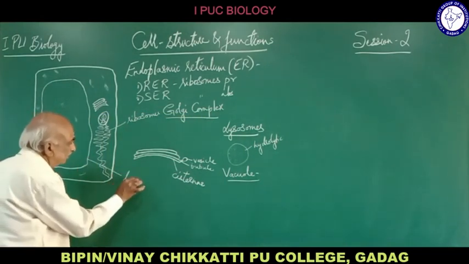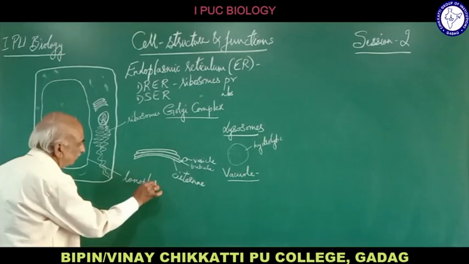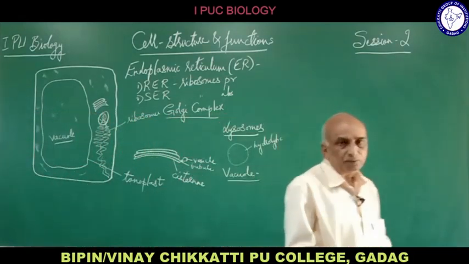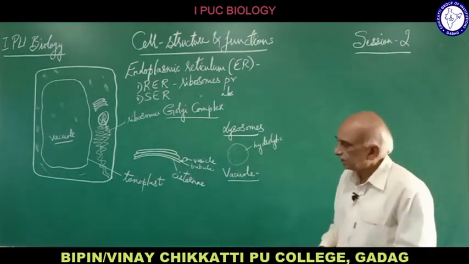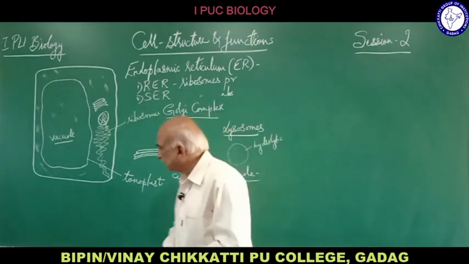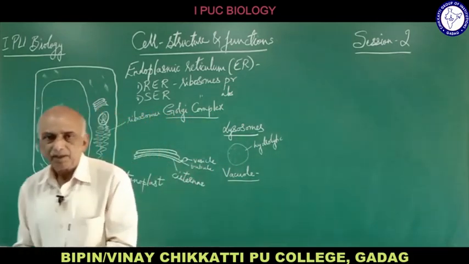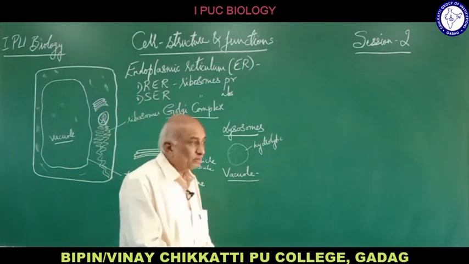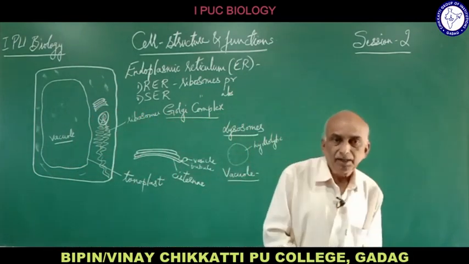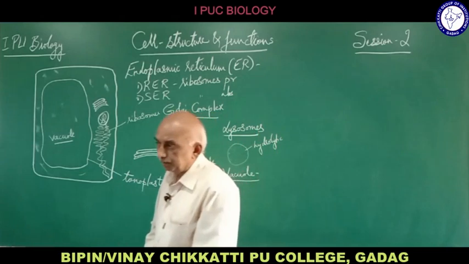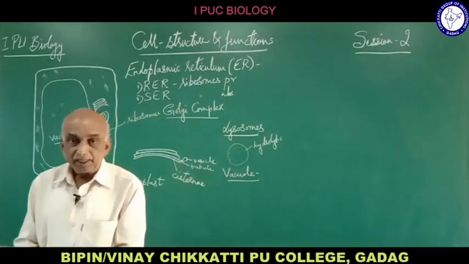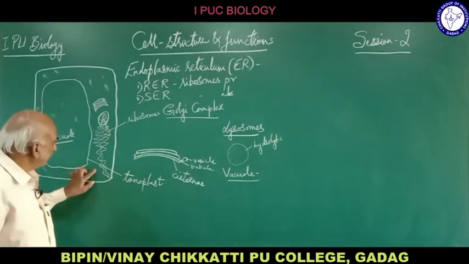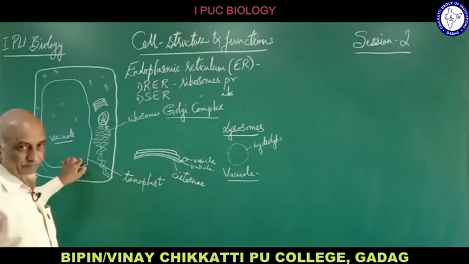This membrane is called the tonoplast. The membrane surrounding the vacuole, whether it is small or large, is called a tonoplast. This tonoplast membrane has specific functions. It is involved in active transport. It conducts the movement of materials against the concentration gradient, between the cytoplasm and the cavity of the vacuole.